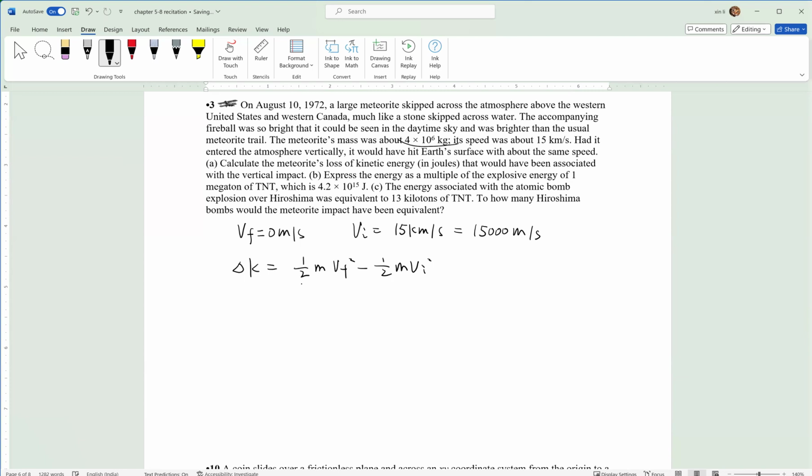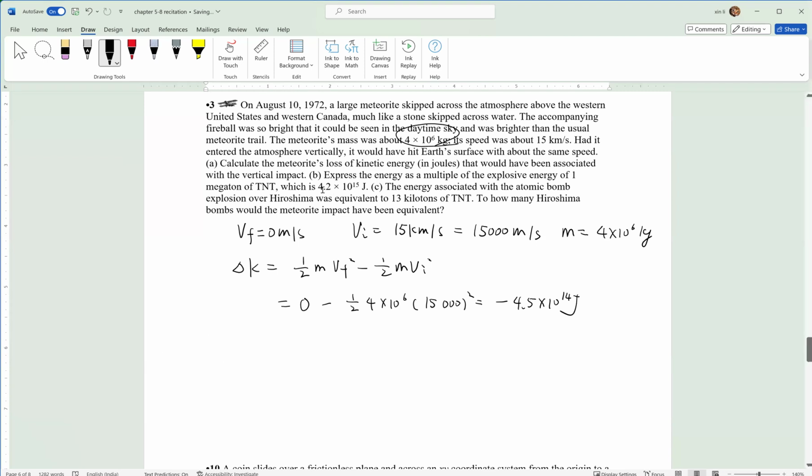And our mass, this is a big mass. Mass is 4 times 10 to the power of 6 kilogram. So it's 0 minus 1/2 4 times 10 to the power of 6 and 15,000 square. And you are going to get a very large number. It's negative 4.5 times 10 to the power of 14. So this is our lost energy.